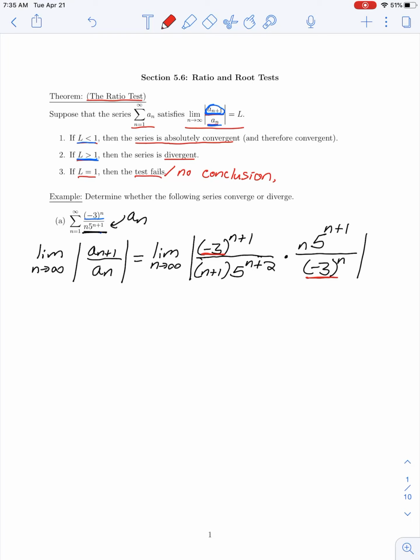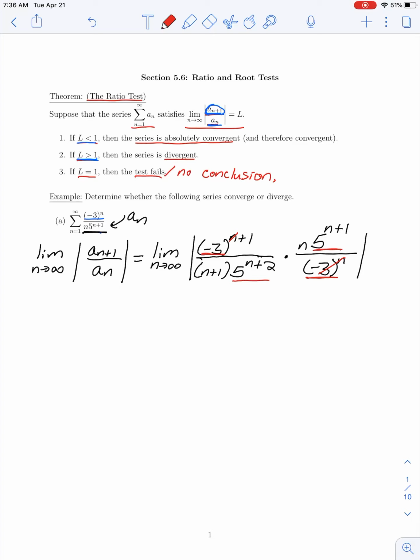So we can cancel n factors of -3 on top and bottom. We're left with -3 to the first power in the numerator. Now similarly, in the numerator, we have 5 to the n plus 1 power. In the denominator, we have 5 to the n plus 2.